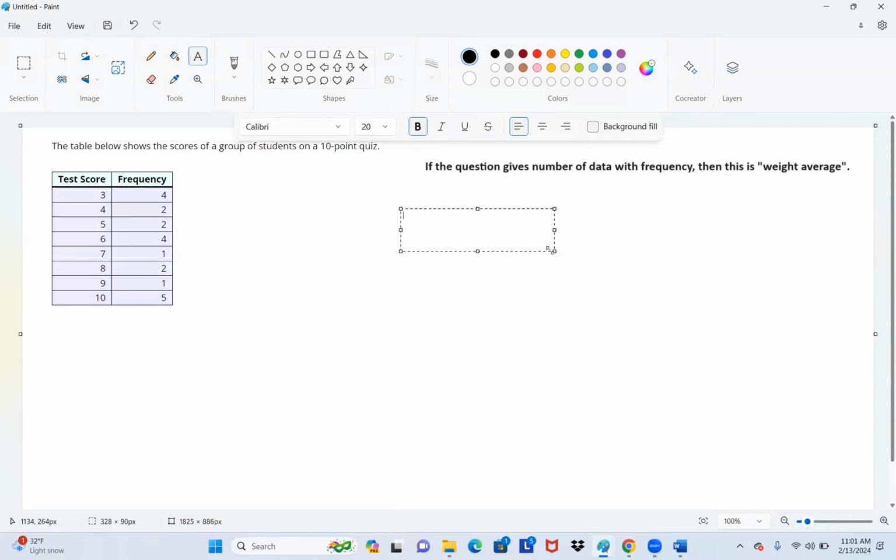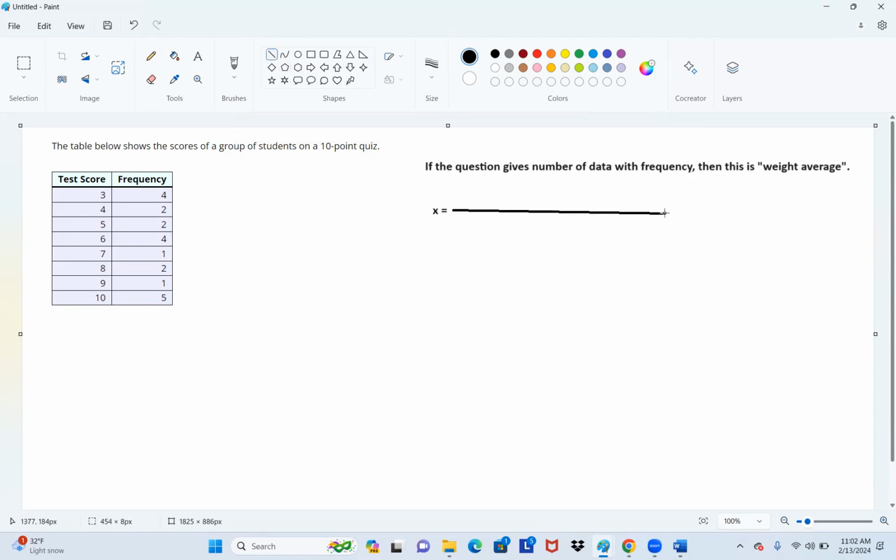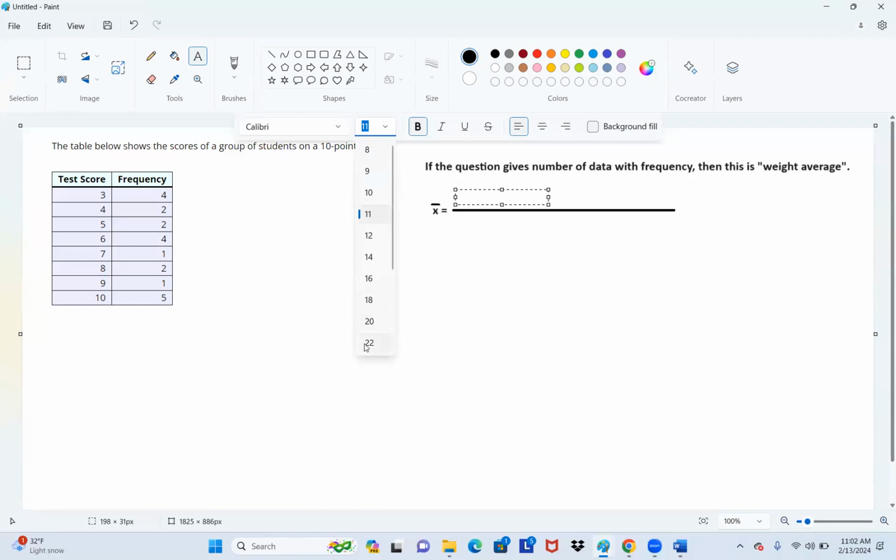So in order to compute the x bar, we're going to multiply each value by its corresponding frequency. We take test score 3, and it has a frequency of 4. So each 3 is repeated 4 times, as we have 4 people who scored 3 points on the quiz.